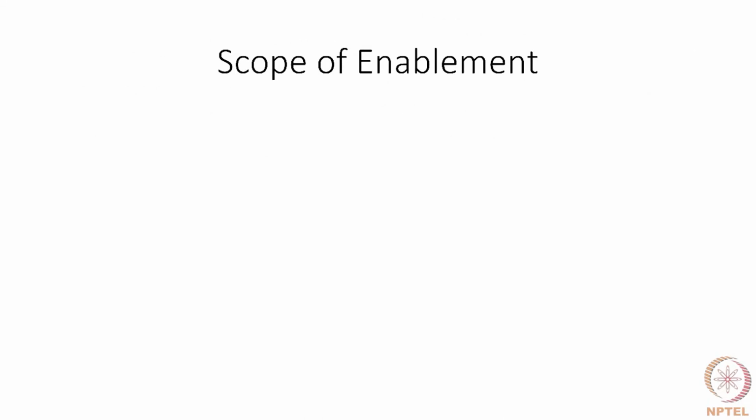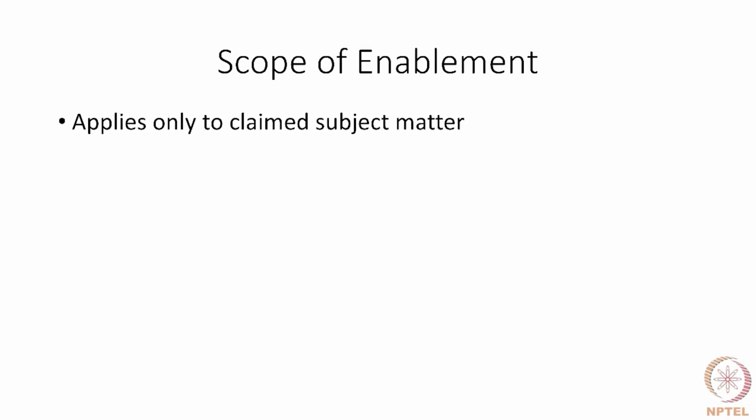Now let's look at the scope of the enablement requirement. It applies only to the claimed subject matter. So what you have claimed, you should enable. So if your claim is covered to what you have mentioned in your principal claim, the main claim, then the enablement requirement should cover what you have claimed. There is no need for you to enable a person with something which you have not claimed.